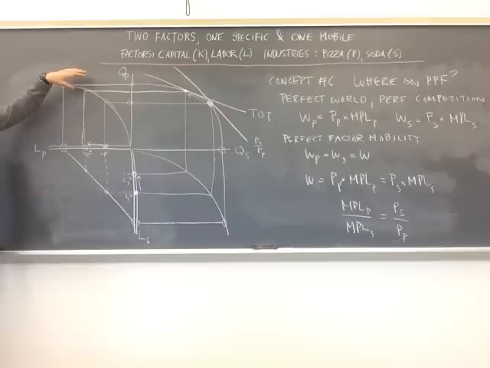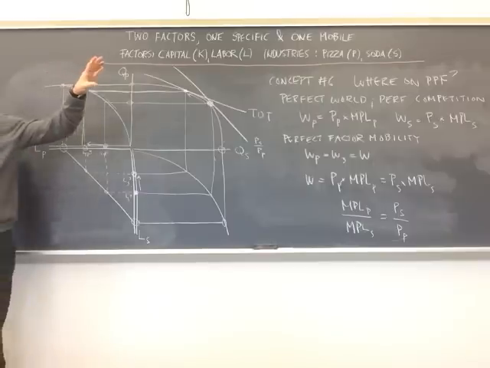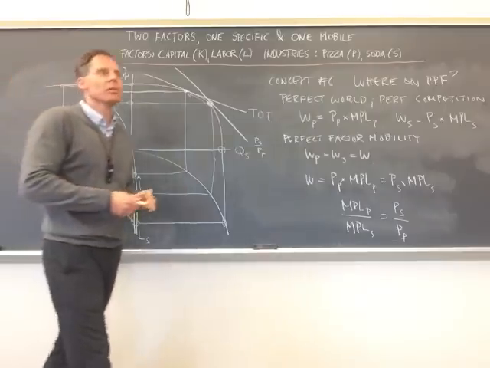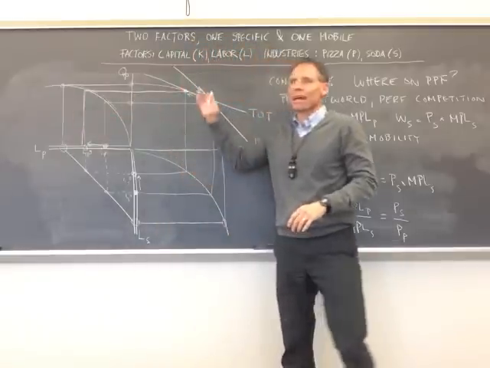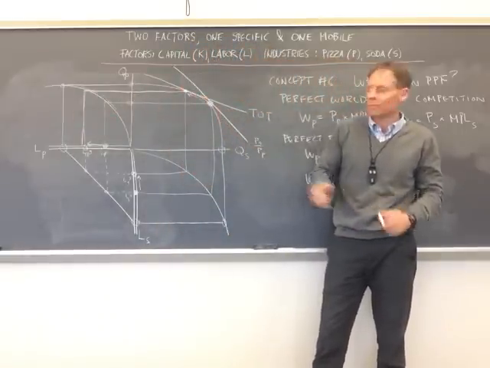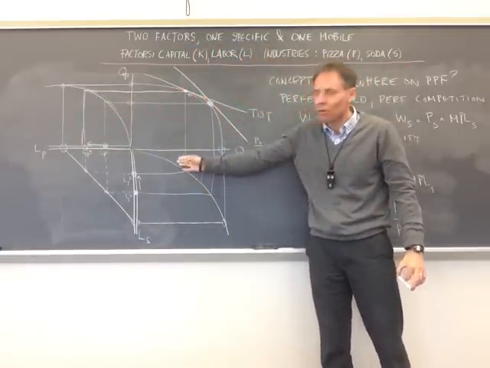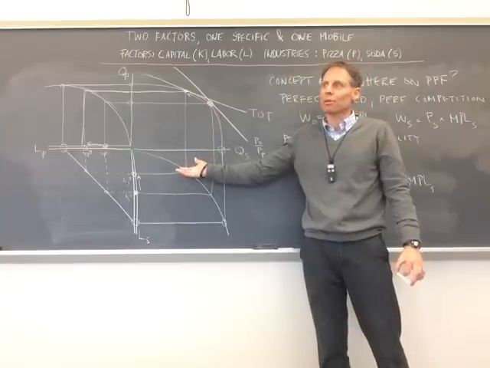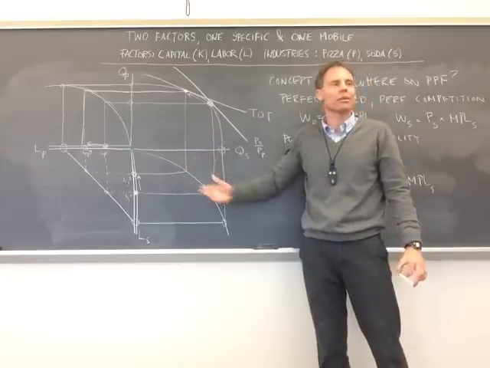This one's a little tricky, because it looks like it should go down when you look at the diagram. But this shows the marginal product of labor, not the marginal product of capital. So therefore, capital owners in the pizza industry, the export industry, are going to be better off. Capital owners in the soda industry, the import competing industry, will be worse off because the marginal product of capital goes down in that industry.